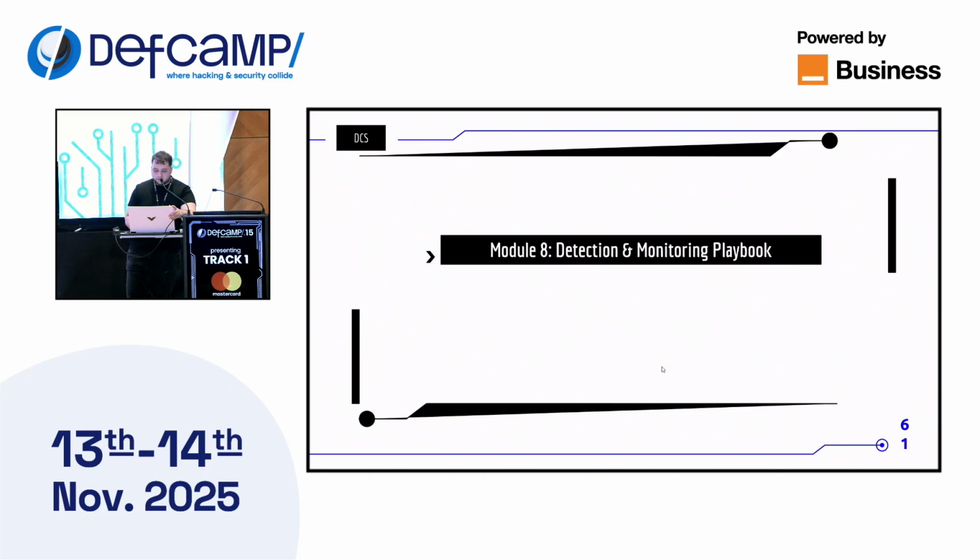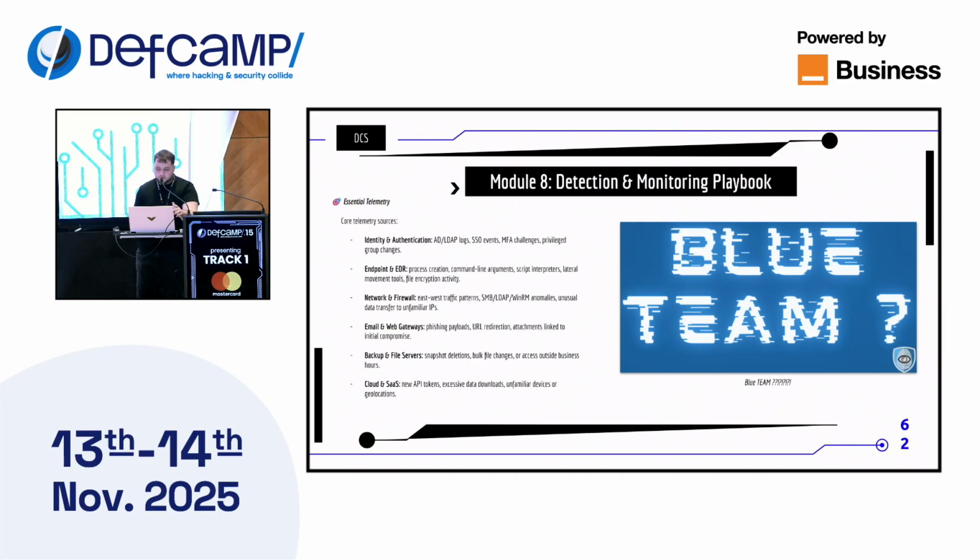And for the Module 8 detection and monitoring playbook, we all should have some core telemetry sources. For example, AAD and LDAP logs. Those are the most important ones because once the attacker is inside of your organization, 99% of the time they will do some LDAP queries, for example, to dump the users, maybe use some BloodHound, some known compiled tools.